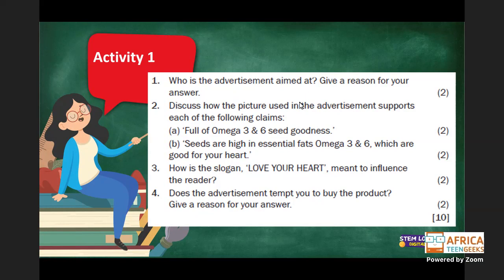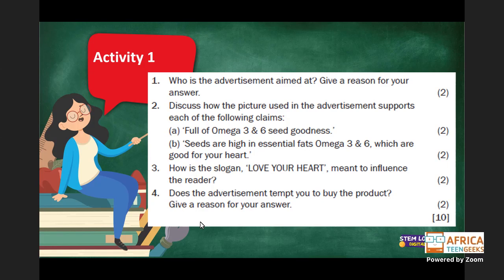So they're reaching out to your soft side and just how you love your heart. But ultimately, they also want to persuade you to buy that product.